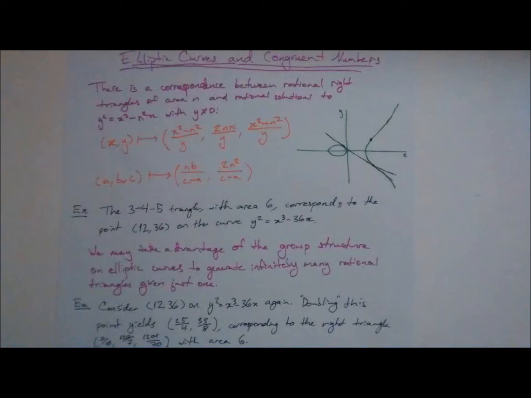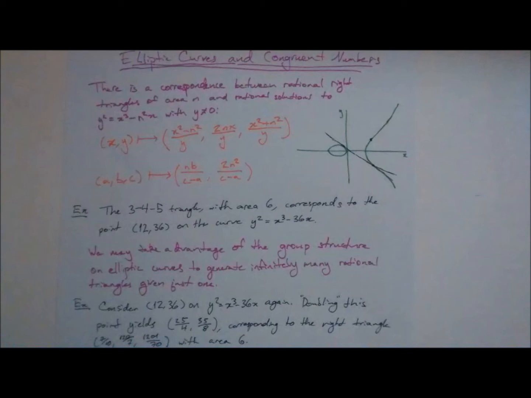So for example, because there's a well-defined notion of adding 2 points on an elliptic curve, you're able to take a single rational triangle and add it to itself multiple times to show that given just one rational triangle of area n, there are infinitely many rational triangles of area n.